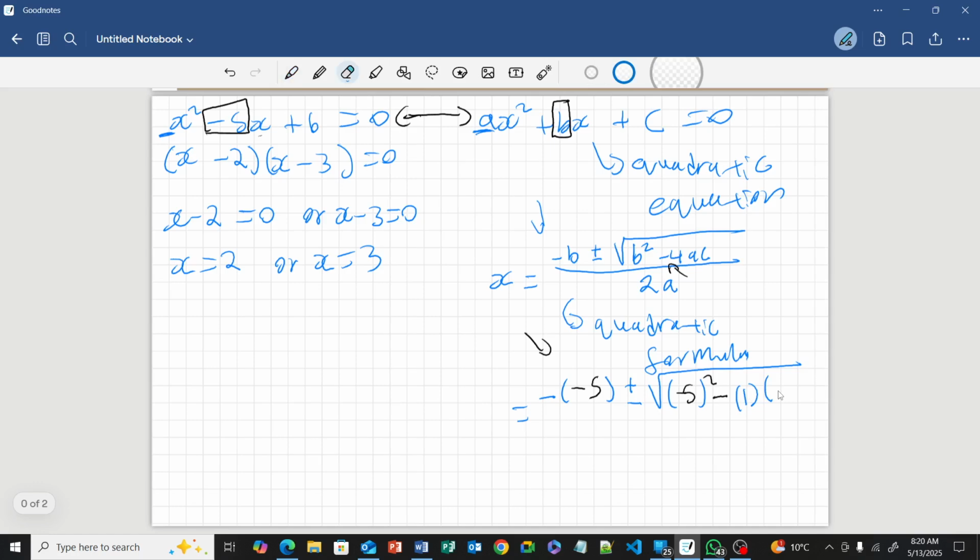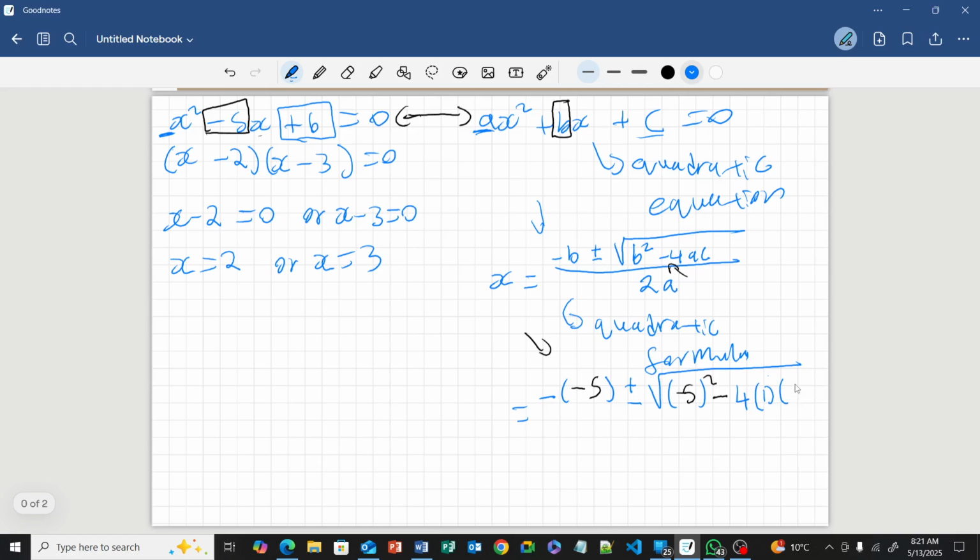Okay, let's erase. That's the beauty of technology. Minus 4, the value of a. Now the value of a is 1, multiplied by the value of c. Now the value of c is the last number which doesn't have any x. We go to that equation and find that 6 is the last number and doesn't have any x.